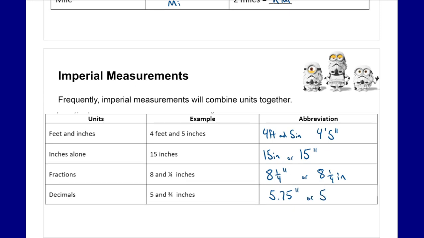Or again, different abbreviations depending on what we prefer to use. But we could also turn those fractions into decimals as well. So understanding that 3/4 is the same as 0.75. So again, a little bit different from the metric system, different ways we can write our units or even write multiple units together.